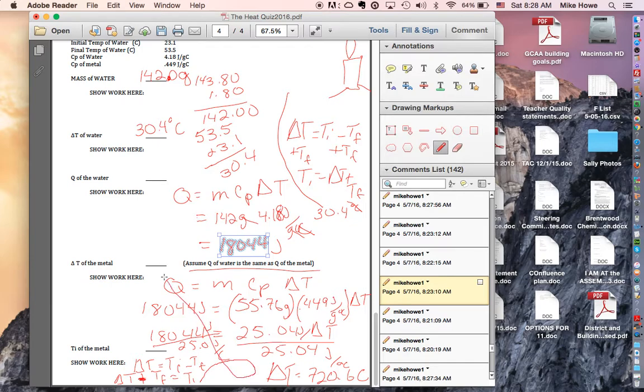So if I take my 720.6, add to that 53.5, do you know where the 53.5 came from? It's right there. That's the final temperature of the water. Add those two numbers together, 720.6 plus 53.5, 774.1. And that is the flame temperature. And that's the end of that problem.